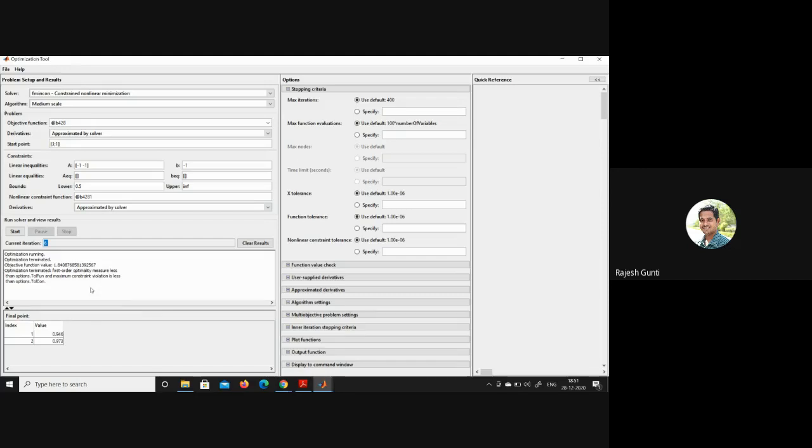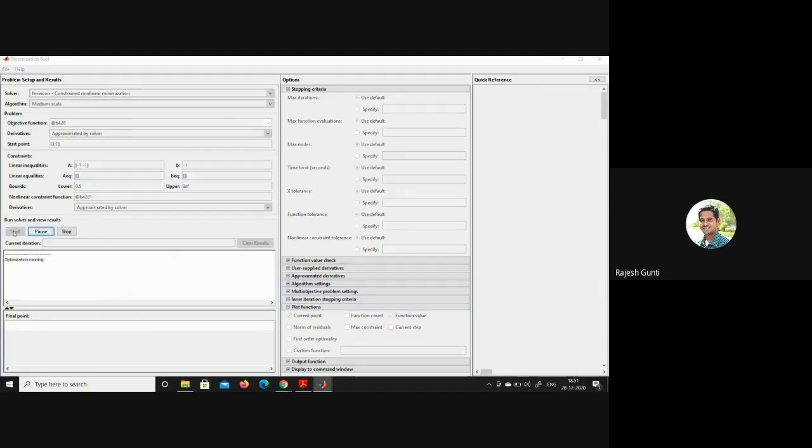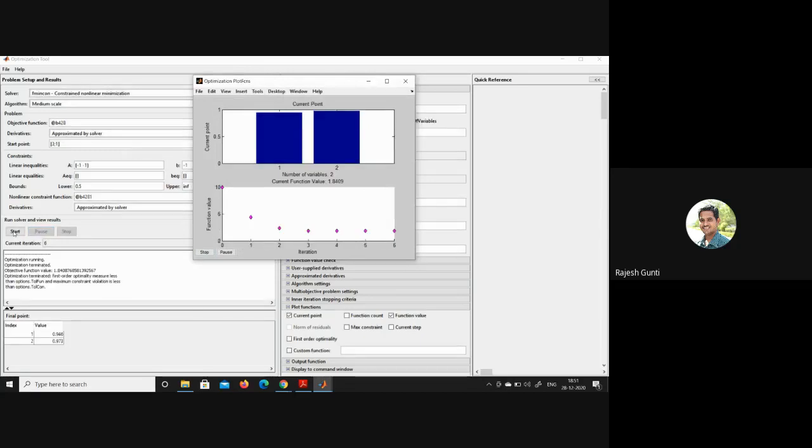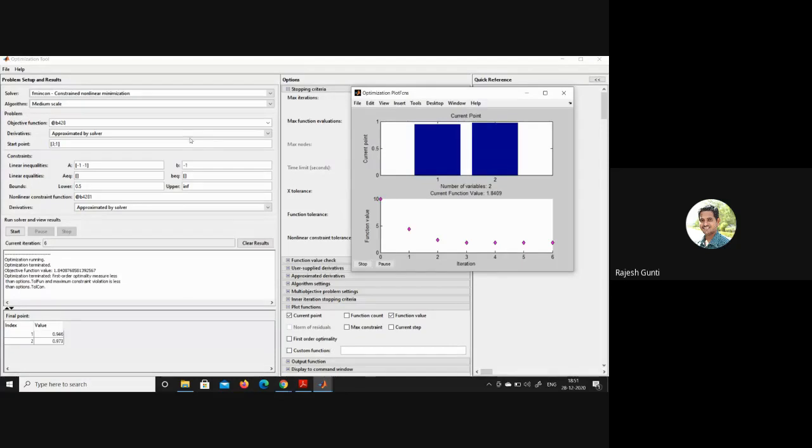This is the solution. Actually, here some plot functions are there. Like, suppose you give the current point and function value, clear results and start, what will happen? This type of diagram we have seen. This is the current point, the x1 and x2 values.